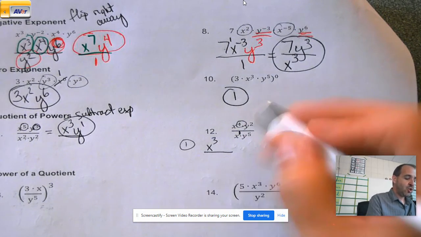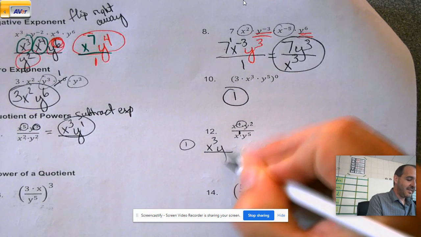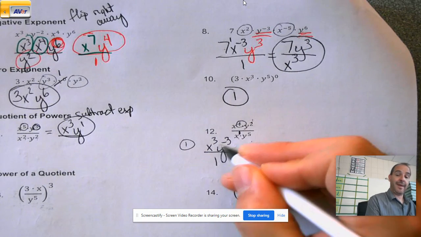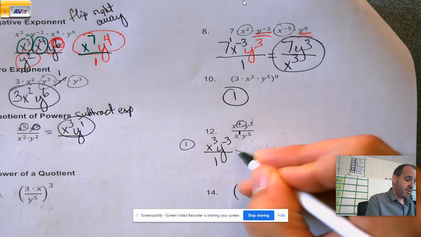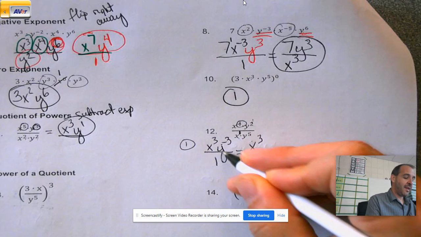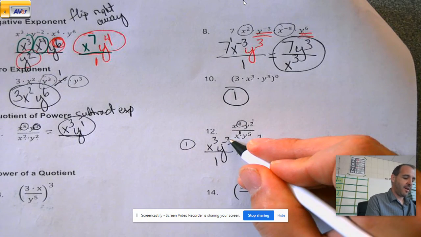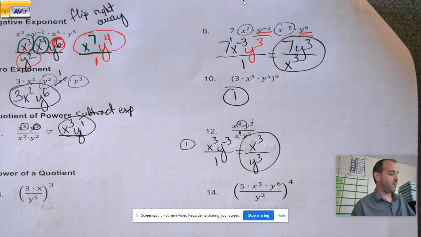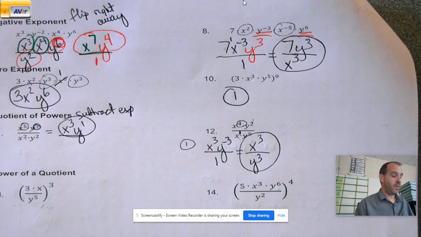Okay, 2 minus 5 is negative 3. Okay, I'm just subtracting, numerator minus denominator, that's it. But I have a negative exponent, can't have a negative exponent. So x to the third gets to stay where it is. Y to the negative third, negative attitude, not behaving, has to flip. Once we have all positive exponents, we're good.